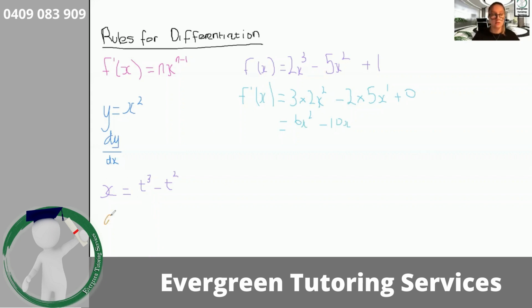So we have dx dt is equal to, we're going to use the same formula, so we bring down our power, multiply it by our t in this case, and then take away 1 from our power, and then we bring down our power again, t, and then we take away 1 from our power.